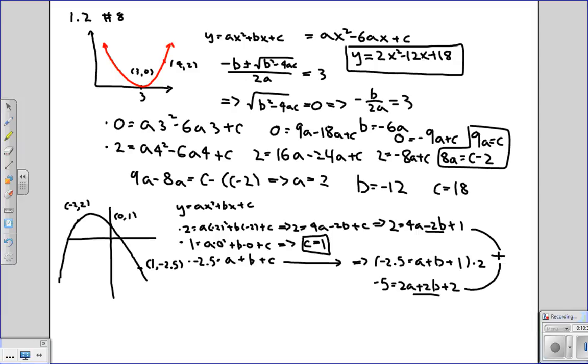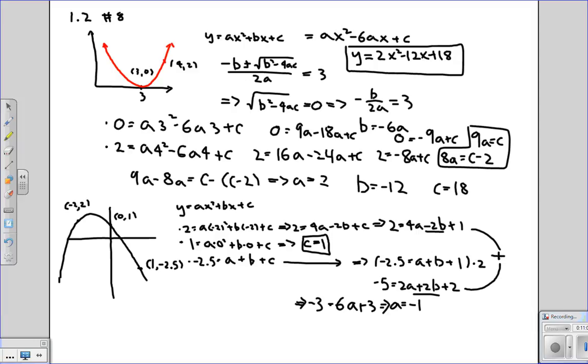So adding them gives us 2 plus negative 5, which is negative 3, equal to 6a plus 3. So that means a is equal to negative 1.